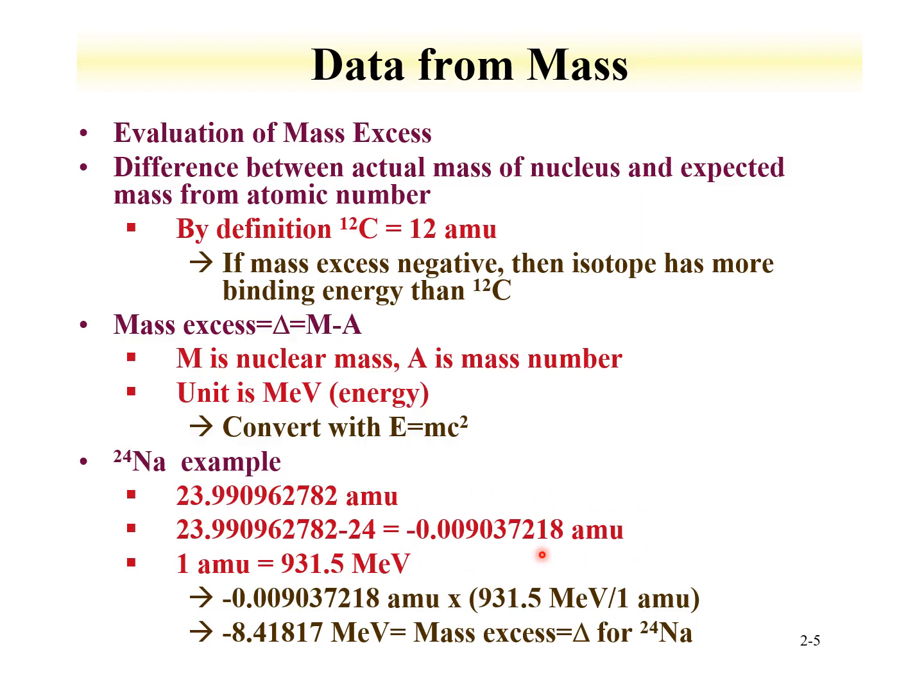And it turns out that one atomic mass unit is equal to 931.5 MeV. So about one atomic mass unit is about 1,000 MeV, kind of a reasonable rule of thumb. So if I take this value, multiply it by 931.5 MeV per atomic mass unit, I get that the mass excess for sodium-24 is equal to negative 8.418, etc., MeV, mega electron volts.